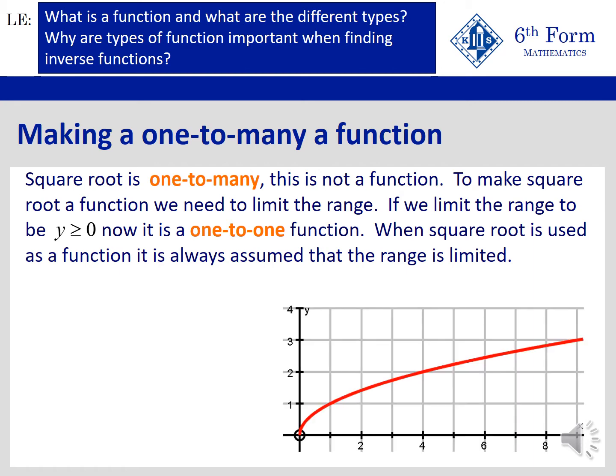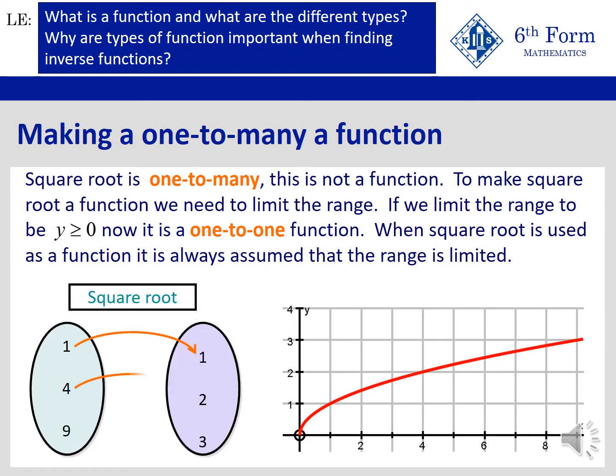So if we consider square root, which is what we usually do, to be just the positive answers, then we'd have a curve that looks like this, and it would actually be a one-to-one function. So if we want to consider things as functions, we sometimes need to put these restrictions in place to allow that to happen. We're now considering square root in this way, where there's one unique answer coming out for one input.